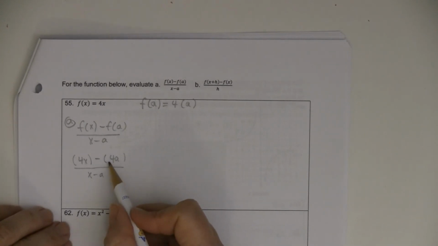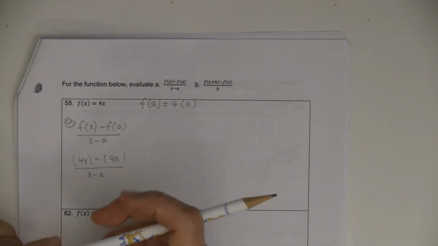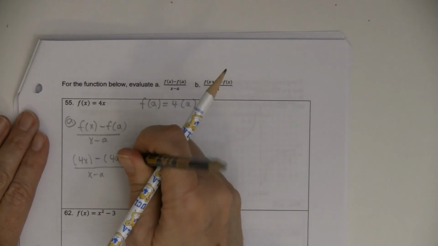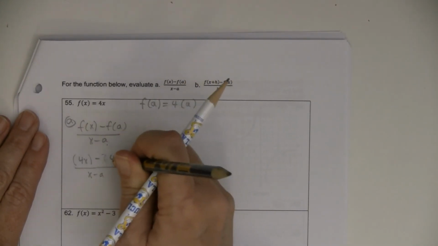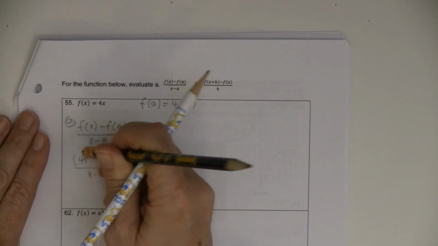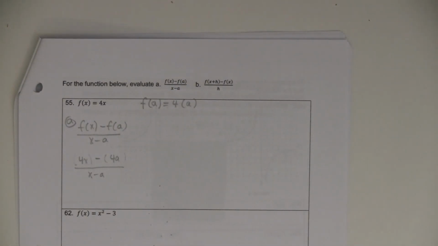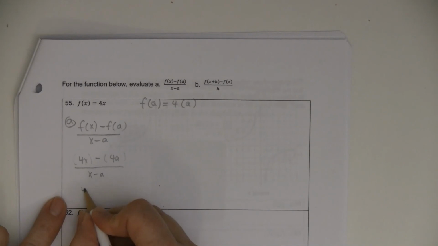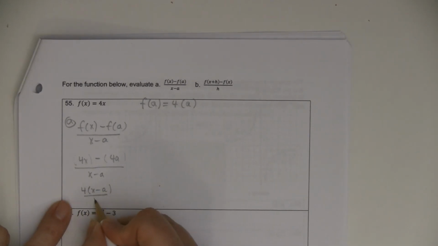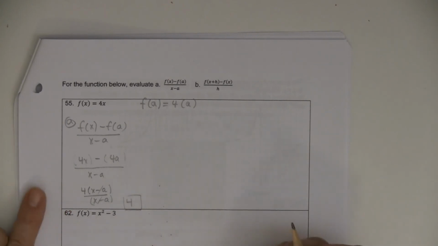I don't have a lot of room, so I'm not going to write it without the parentheses. But the parentheses are really not necessary there since I had a monomial. When you have a binomial, they will be necessary. And fortunately, we have one here so that you can see that. And so this is going to be 4 times x minus a when I factor that numerator over x minus a. And the x minus a's cancel with one another, and give 4 as our answer.